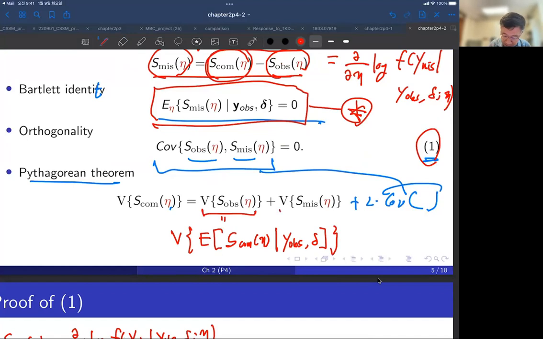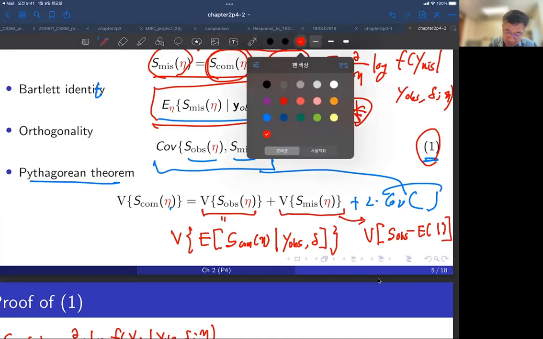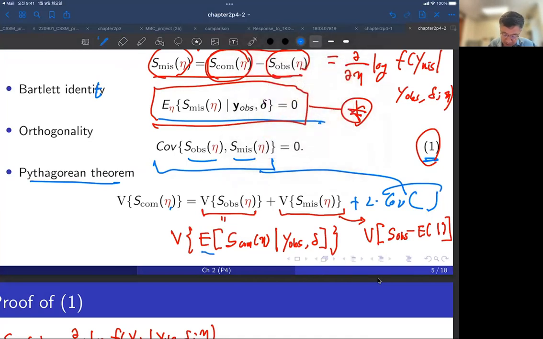And then this guy is the variance of the S com minus the conditional expectation that we have here.